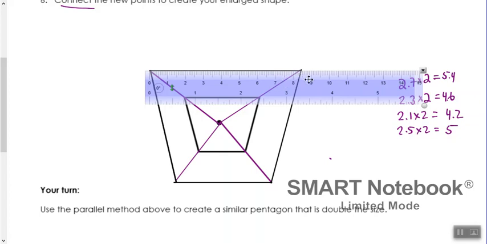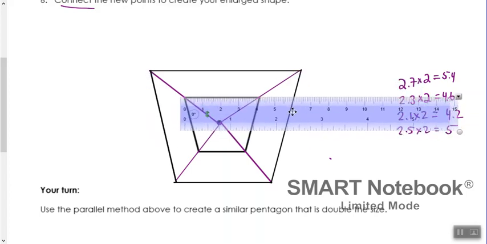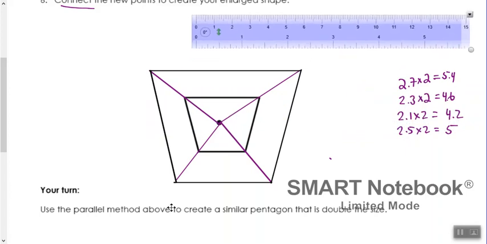This is 8.4, so our smaller one should have been 4.2. Taking a look, 4.2. Yes, we're good. This should be twice as big.